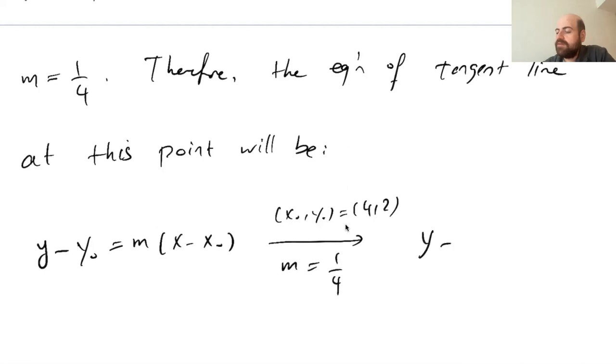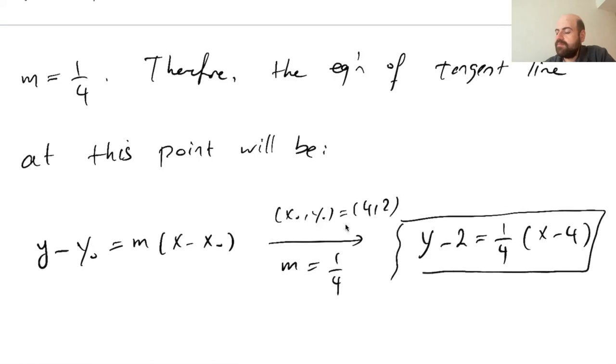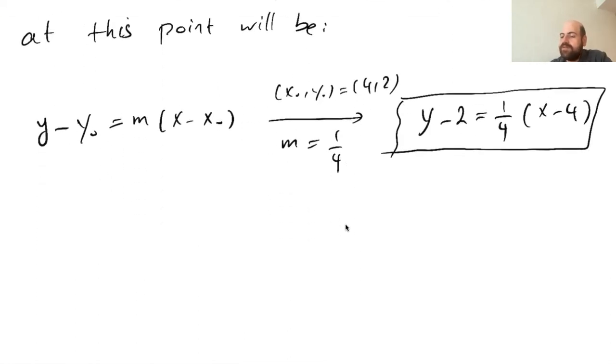So y minus 2 equals 1/4 times x minus 4. So this is the equation of the tangent line at the point (4, 2).